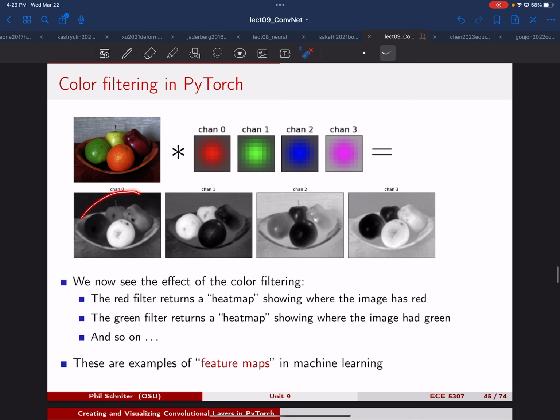And here are the 4 grayscale images we get out of each channel. And so you can see for this red filter, interestingly, it found most of the red in this orange here. For the green filter, it found most of the green in those 2 apples. For the blue filter, it actually found most of the blue in this apple. And for the pink filter, it found most of the energy in those 2.